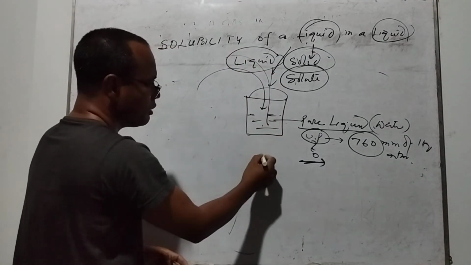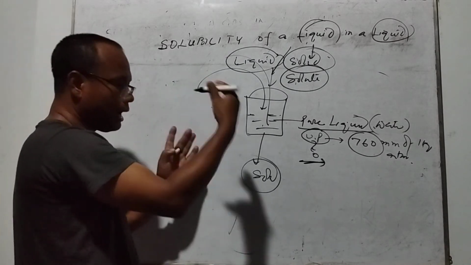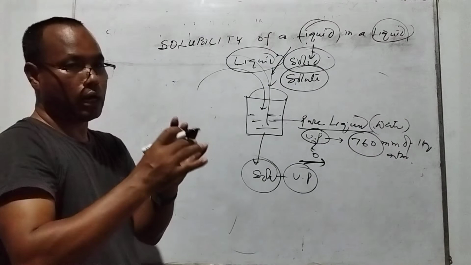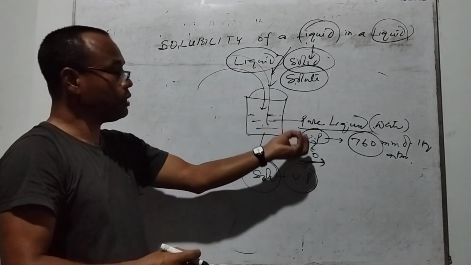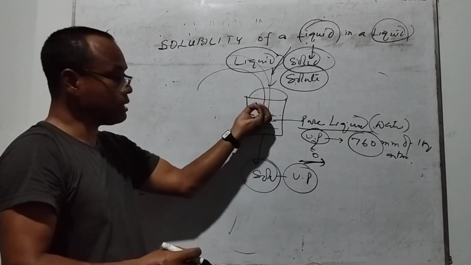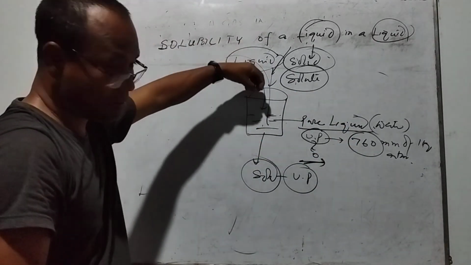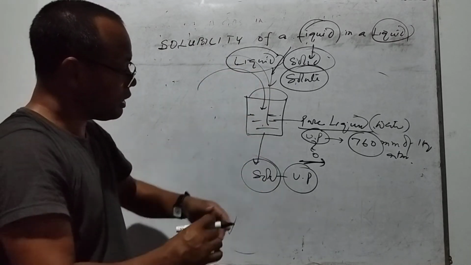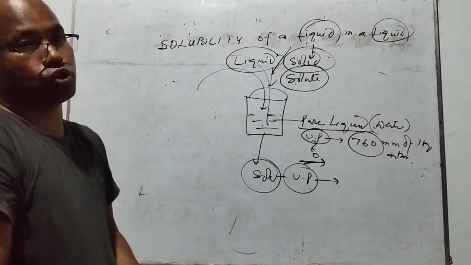When we mix it, it becomes a solution, right? So I will tell you what the vapor pressure of this solution is. Before we added any substance, that is the pure liquid. After we add something, it becomes the solution. Now we have two questions here but the same answer.